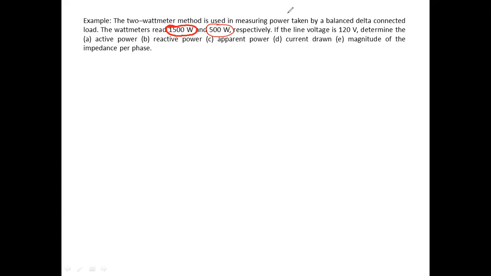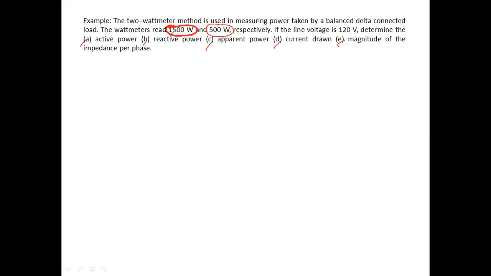The line voltage is 120 volts. We are asked to identify the active power, the reactive power, the apparent power, the current drawn, and the impedance per phase.